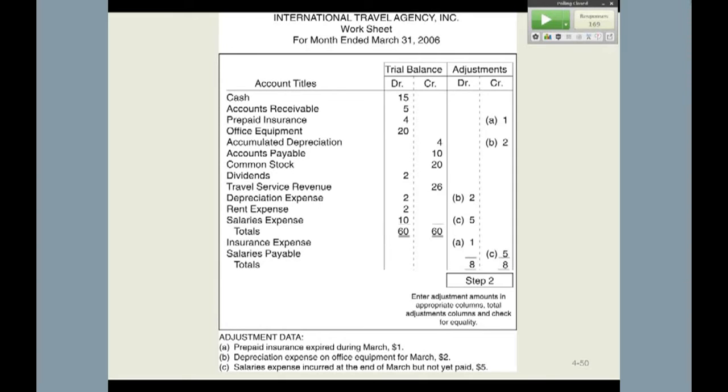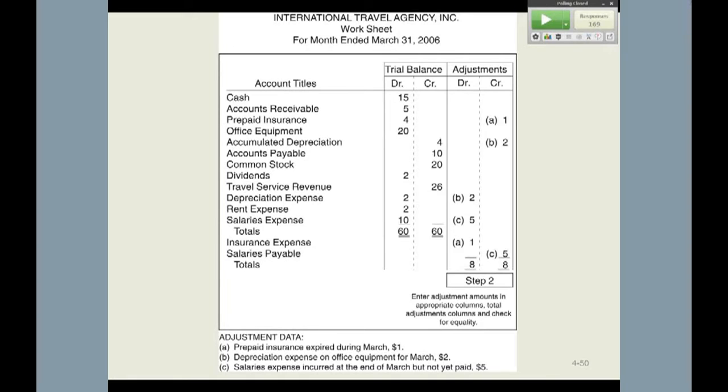Rent expense comes across at 2, and salary expense started at 10, and you accrued an additional 5, and that would be 15. And then insurance expense had nothing at the beginning of the year, was adjusted for $1, and there's $1 in the debit column of the trial balance, and salaries payable did not exist, and as a result got opened up in the adjustment process, and that is now extended.